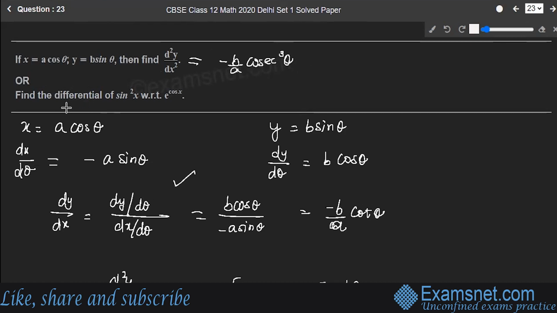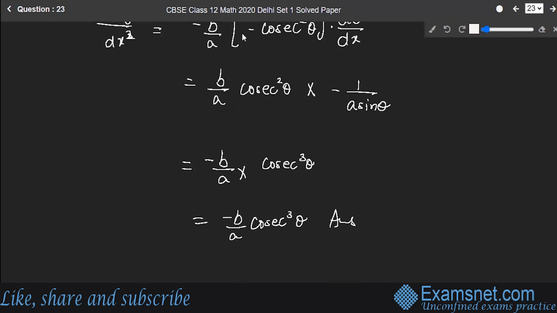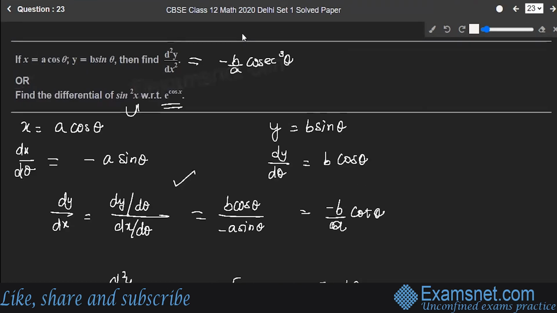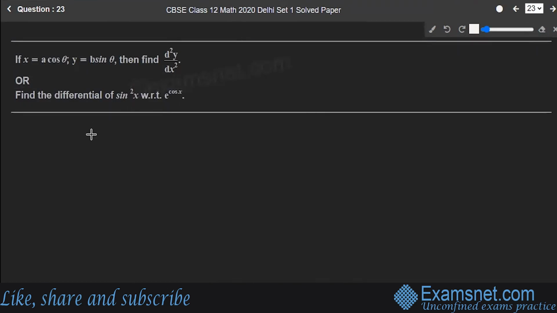Now the second part, you have to find the differential of sine square x with respect to e raised to power cos x. Let's go for that. I'll erase the screen. Let's say u is equal to sine square x, and du upon dx will be equal to 2 sine x into the derivative of sine x, which is cos x.